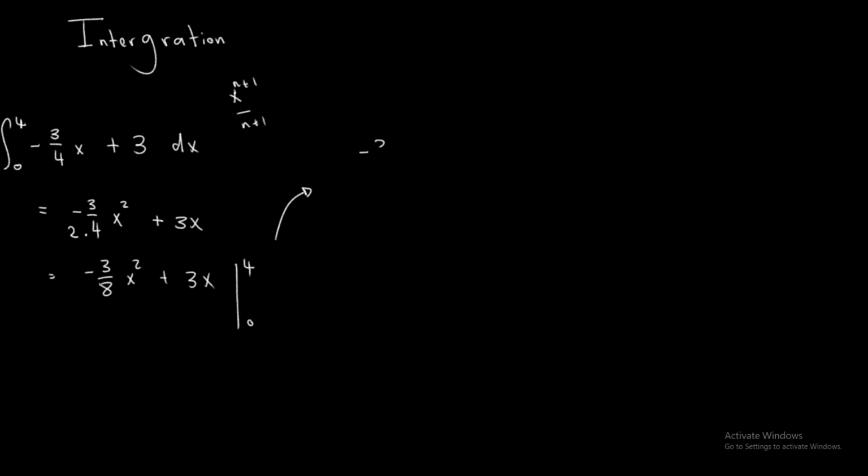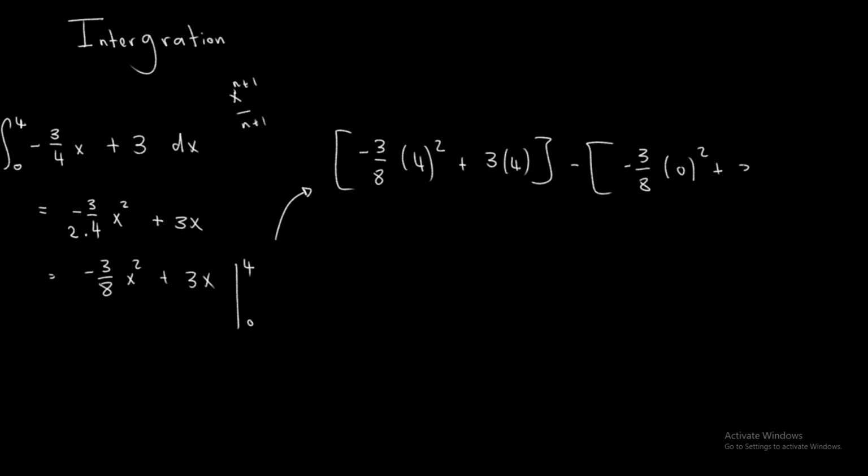So we get -3 over 8 times 4 squared plus 3 times 4. And we want to subtract this initially from 0. But I will write everything out just so we can do the full work. 0 squared plus 3 times 0.